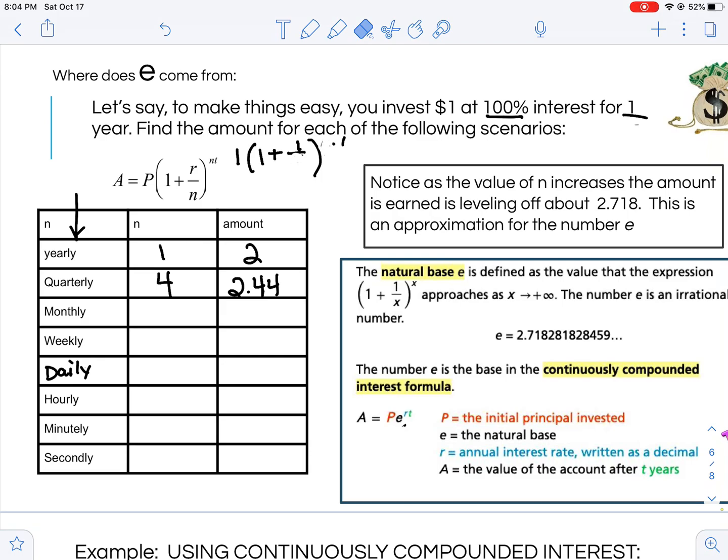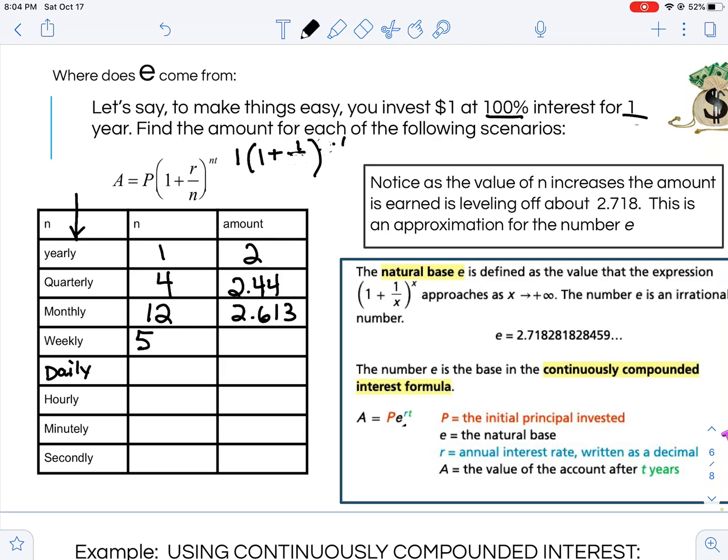Let's change this to 12 times a year. We're going to end up with about $2.613. You notice it's still increased, but it didn't increase as much as it did from yearly to quarterly. And you would think going from 4 times a year to 12 times a year, you would have made maybe more money than that.